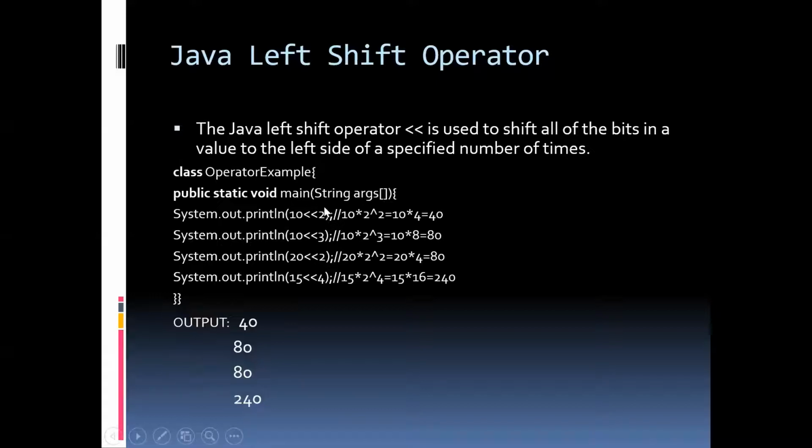So 2 bits they have given. If you write in binary 1010, you have to shift to the left. On the right side, the 2 bits that are present, you have to place 00. So it would be 101000. Coming from the least significant bit, you start with 2 power 0, 2 power 1, 2 square, 2 cube, 2 power 4, 2 power 5, and 2 power 6.